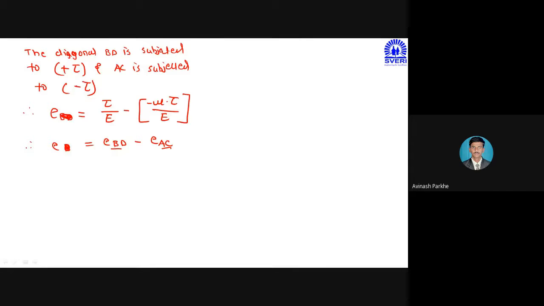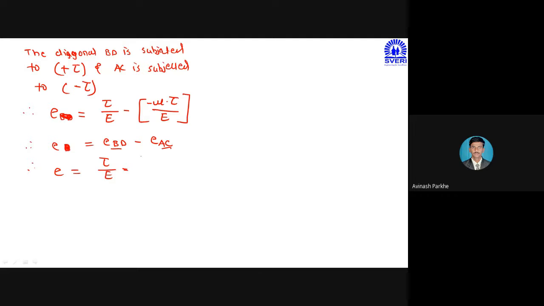e of BD is positive. e of AC is under compression. Therefore, the total strain induced is equal to e of BD minus e of AC. And that e of BD is represented by sigma upon E, or we can consider tau upon E. This is the linear strain induced along diagonal BD.